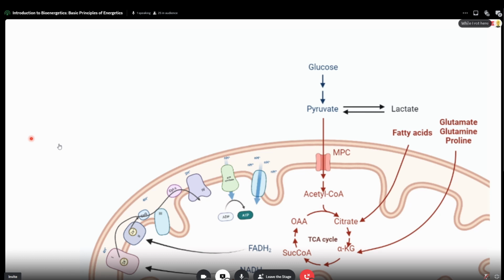Therefore, sometimes uncoupled respiration is also referred to as wasteful respiration. But as I go along in future lectures, we will see why uncoupled respiration is not wasteful at all. There are various ways uncoupled respiration can be utilized in a cell to give you various useful things.